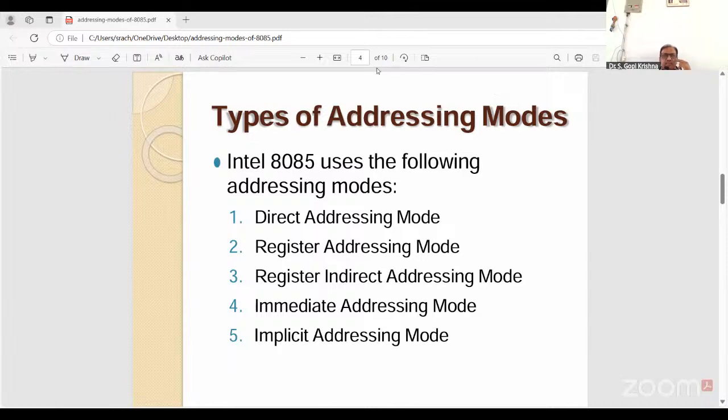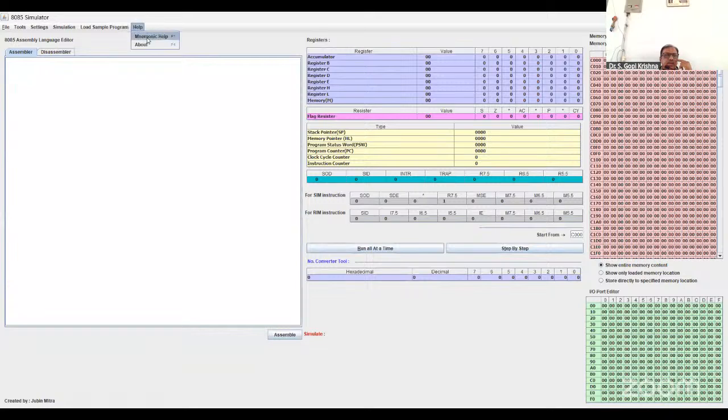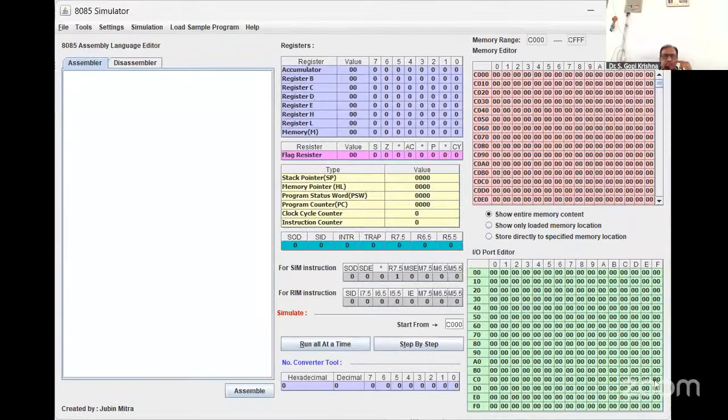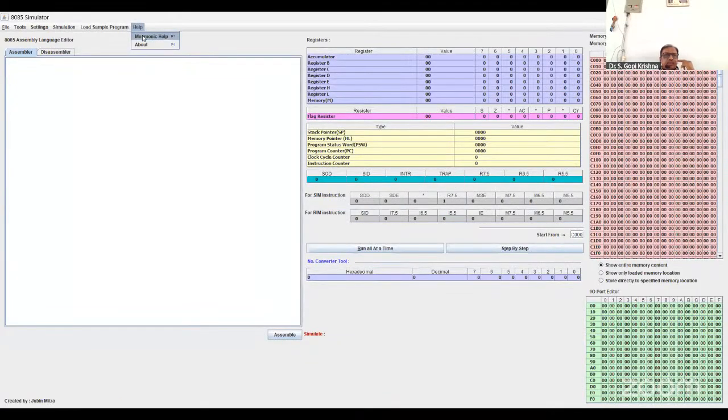Then, coming to the type of instruction set, there are 5 different types of instructions.